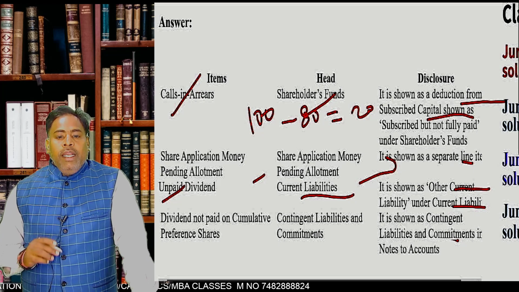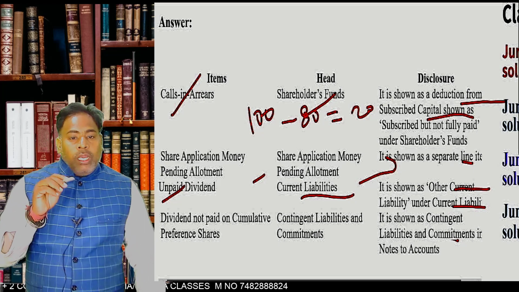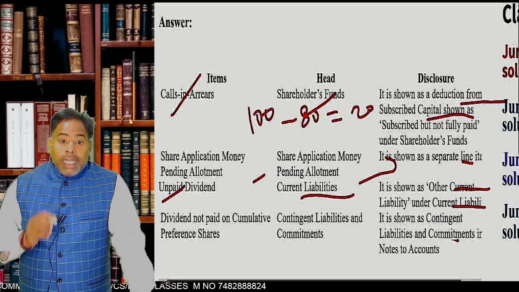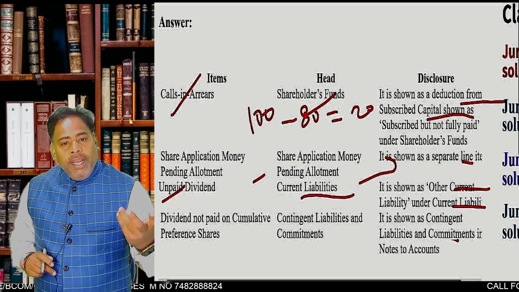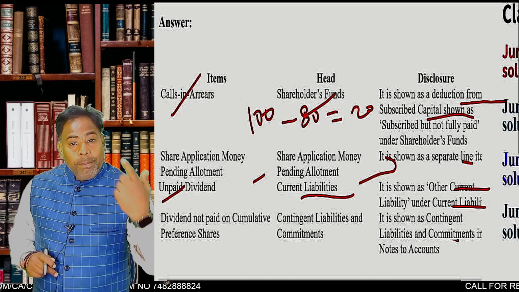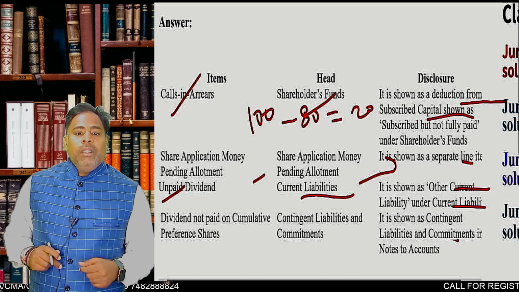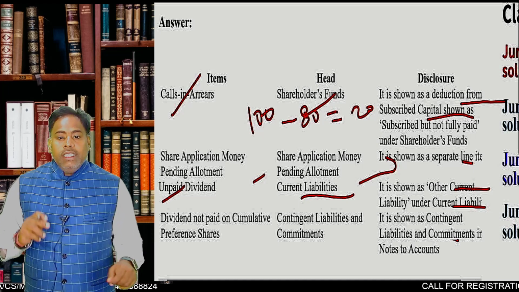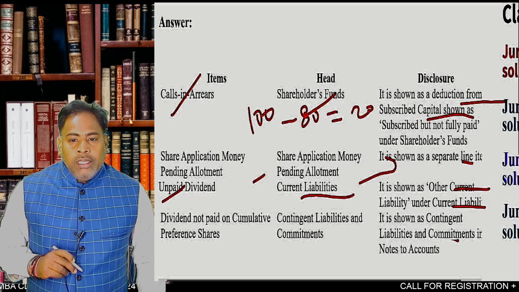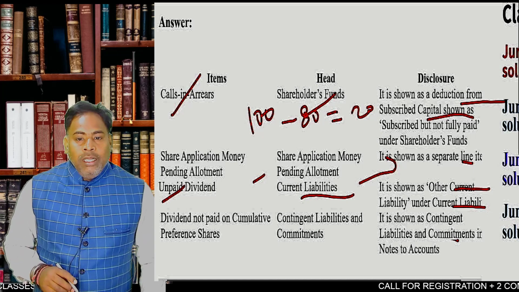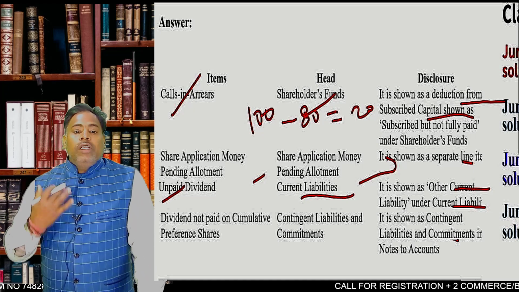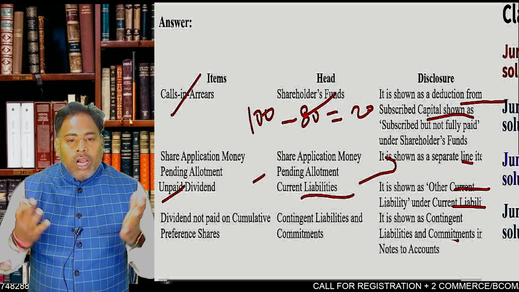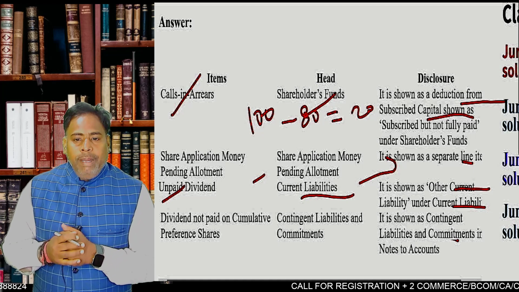Next, dividend not paid on cumulative preference shares. Earlier it was unpaid dividend; here the dividend is not paid on cumulative preference shares. So it is a contingent liability and commitment, meaning it may or may not occur. That is contingent: the event may or may not occur.